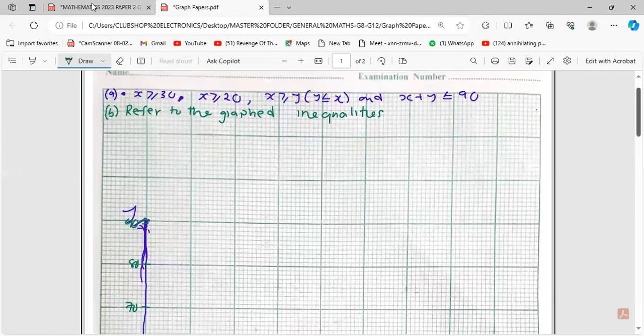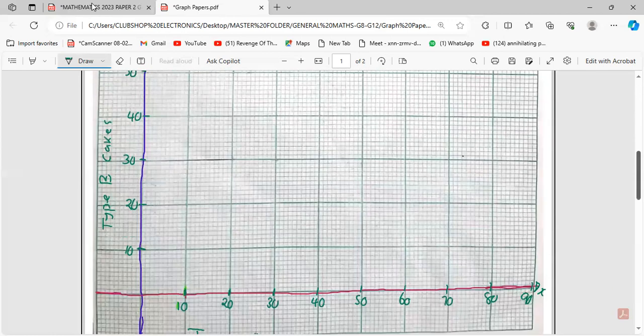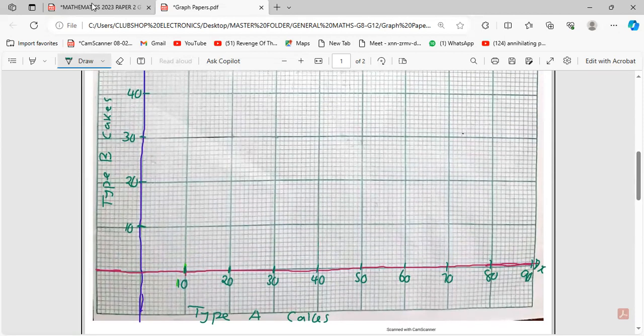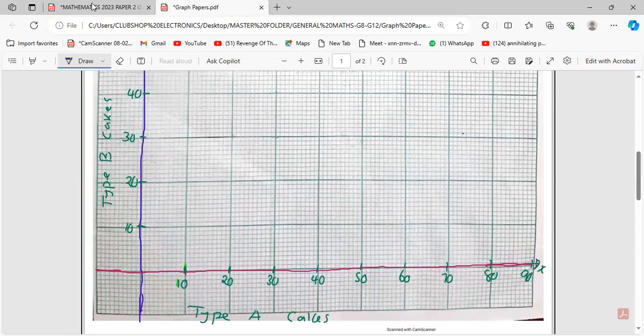The first one is X greater or equal to 30. So you go to the x-axis and identify 30. Because you have a bar, you must draw a solid line passing through 30, like that.